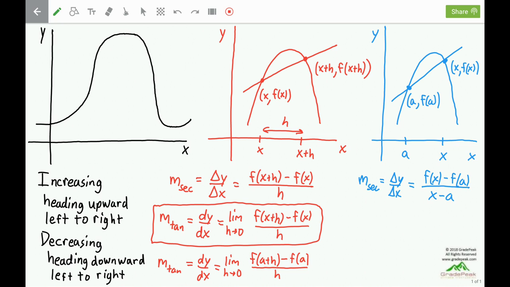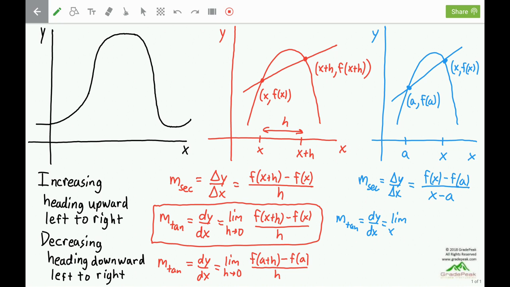Now we can make this become a tangent line by having those become so close together they become essentially a single point by taking the limit, and it will then become, again, dy over dx, because we will have a very small change happening.